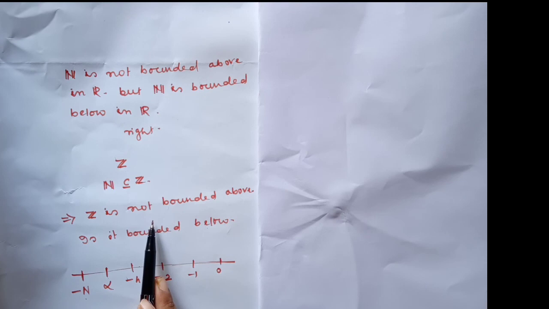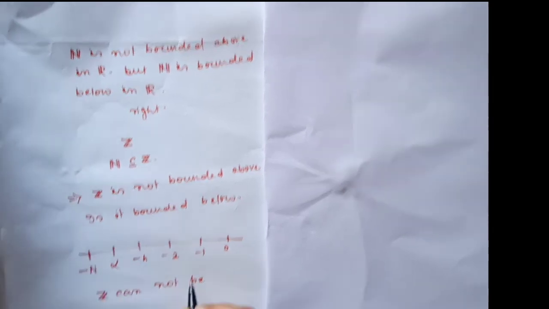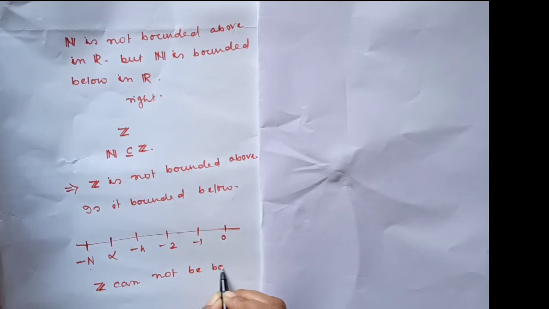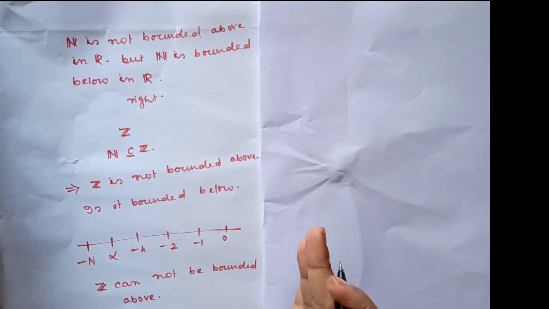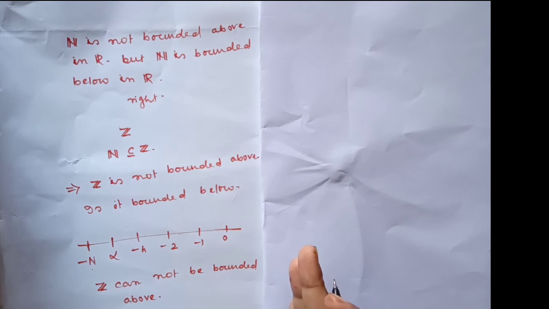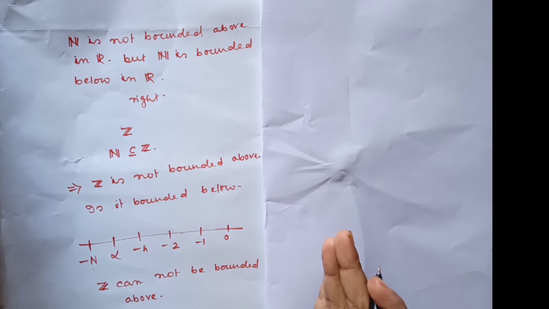This is not possible. So Z cannot be bounded below. Have you understood? Right? Okay. Bye. In the next video I will discuss Archimedean property of R.